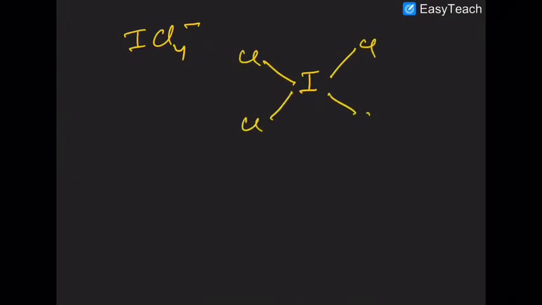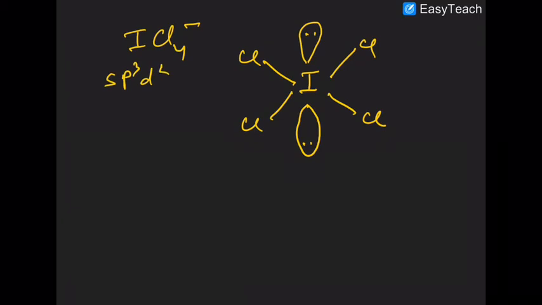Similarly, you will have ICl4 negative. In ICl4 negative, you have 4 positions occupied by chlorine, while the 5th and 6th positions are occupied by lone pairs. So it is also sp3d2.